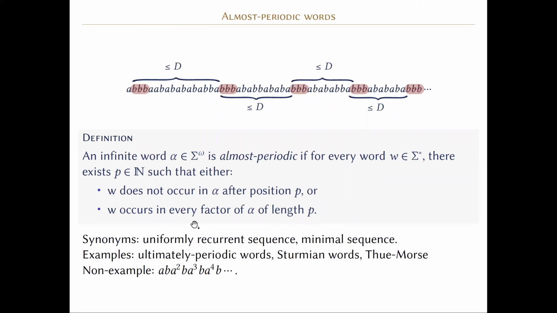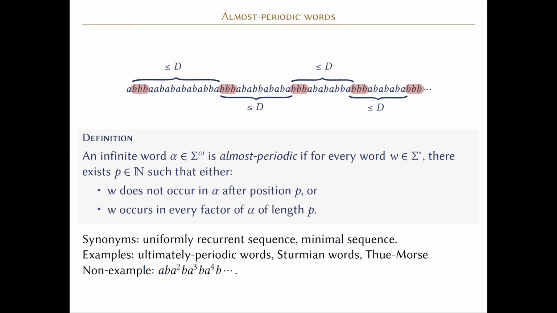These words have been studied under various guises, and they are also known as uniformly recurrent sequences or minimal sequences. Some examples would be ultimately periodic words, of course, then Sturmian words, the Thue-Morse sequence, and so on. A typical non-example would be this word. The letter B occurs infinitely often, but the gaps between consecutive occurrences of B grow to infinity. So this word is not almost periodic.